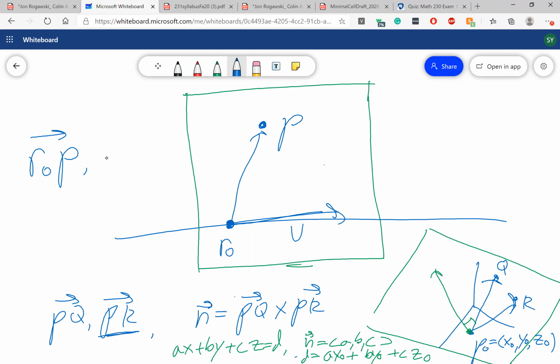And then our normal vector is going to be R0P cross V. So that's going to be our normal vector to the plane, this vector over here. And then we can use, let's say, the point R0 to find D. So that's, in theory, what we're about to do. Any questions about this?